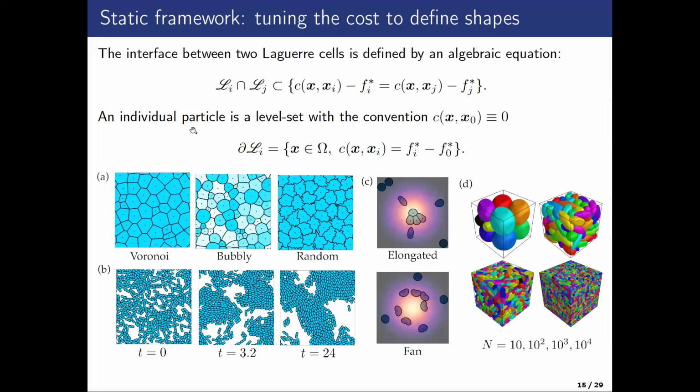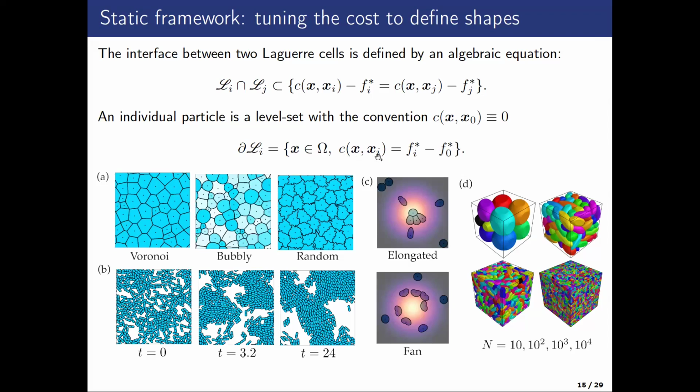And then for one individual particle in the void, the void has cost 0, so this equation reduces to a level set equation. Basically the boundary of a particle in the void that defines the shape is just the level set of some function.